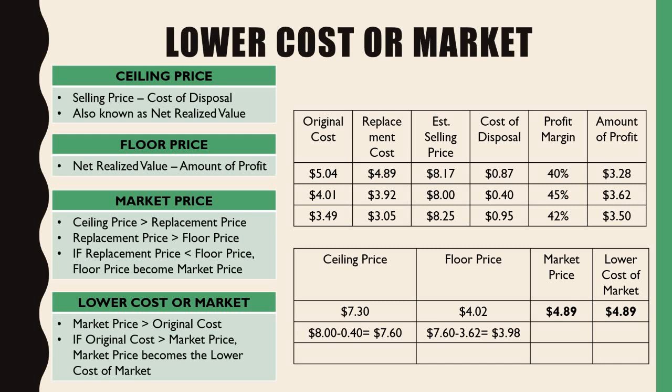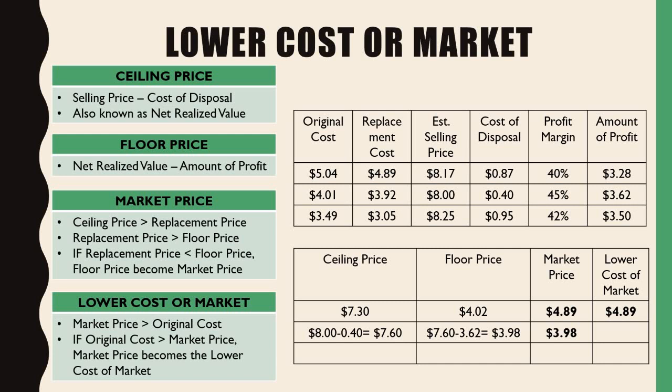Okay. Now let's go ahead and determine what the market price is. So you're going to compare three numbers: your ceiling, your floor, and your replacement cost. Here my replacement cost is $3.92. It'll be 3.98, the new price.